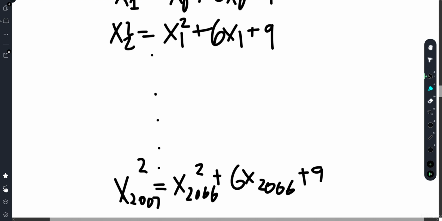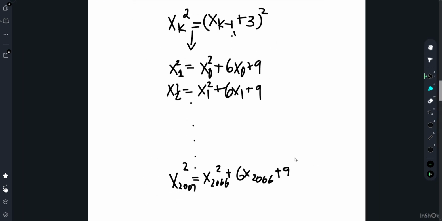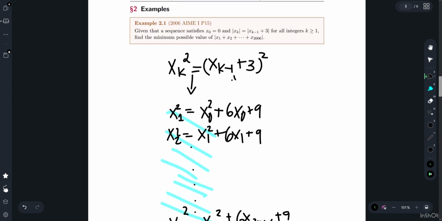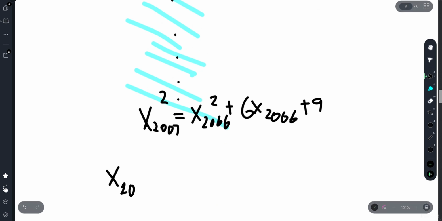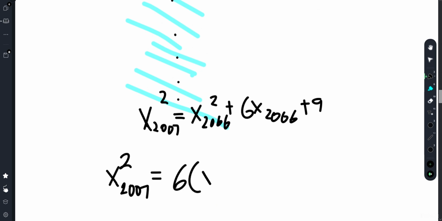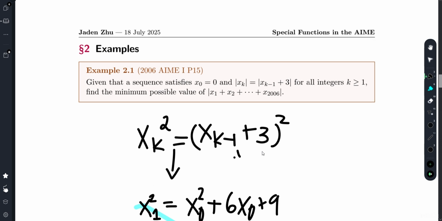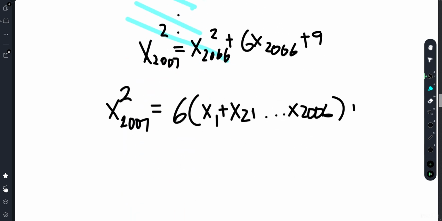And so if we add all of these up, we notice that all of these cross cancel, and all we are left with, since x0 is equal to 0, is that x2007 squared is equal to 6 times (x1 plus x2 plus all the way to x2006), as obviously x0 is negligible, and then we add 2007 times 9.